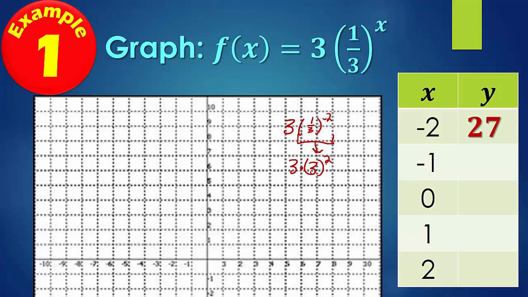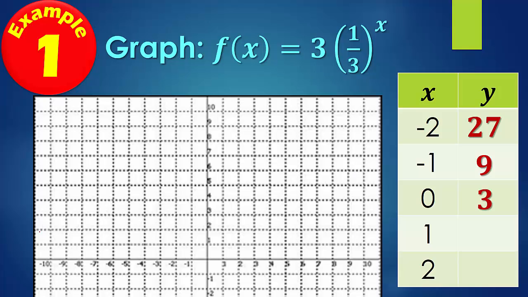So we have 3 times 3 squared, in other words 3 times 9, which is 27. So that's how I got this. Okay, next we would have 9, because 1/3 to the negative 1 is actually 3 to the positive 1, because we write the reciprocal. So instead of 1/3, we make it a 3 to the positive 1. 3 times 3 is 9.